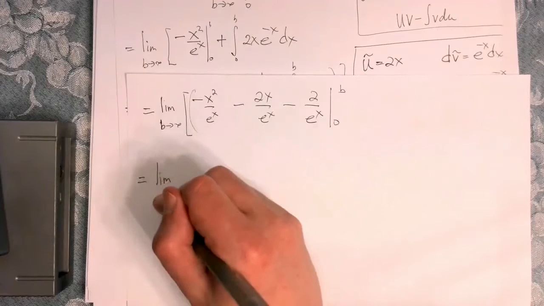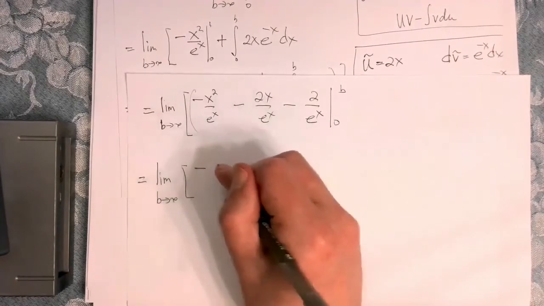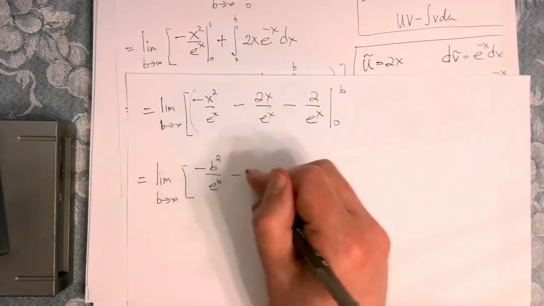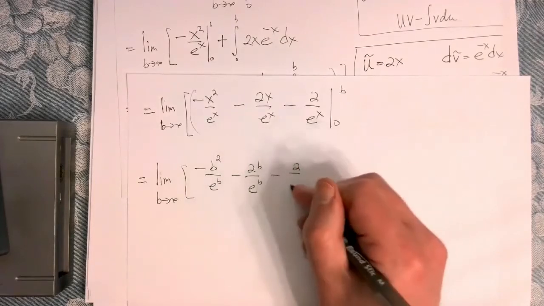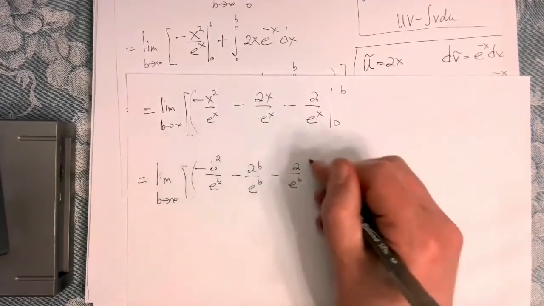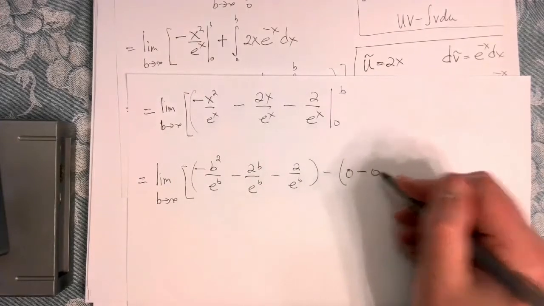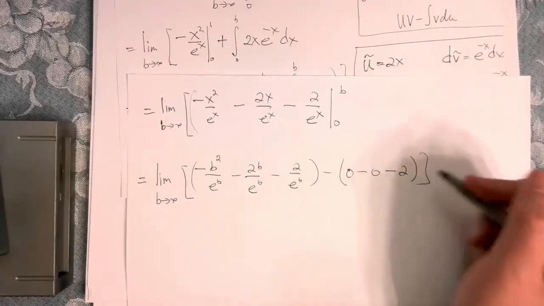So be very, very careful here. So we're plugging b in. And then minus, so that first term will vanish, the second term will vanish, and then if I plug 0 in here, I'm going to get minus 2 for that third term.